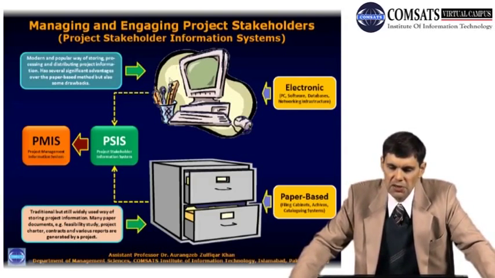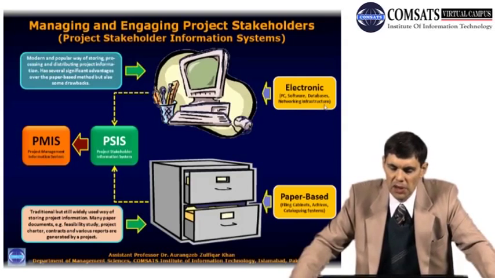For collecting and storing information on stakeholders, you can use either electronic systems, or this old traditional paper system. Paper-based means filing cabinets, archives, cataloging systems, versus electronic, which is PCs, laptops, software, databases, networking, infrastructure, and so forth.